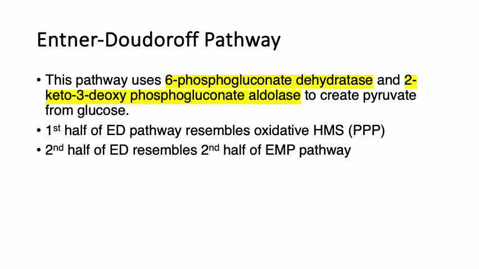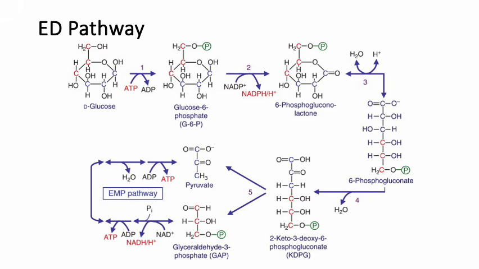So the first half of the ED pathway resembles the oxidative hexose monophosphate shunt or the pentose phosphate pathway, and the second half of your ED pathway resembles the second half of the EMP pathway or the glycolysis pathway. Okay, this shows you the specific biochemical pathway of your ED pathway.